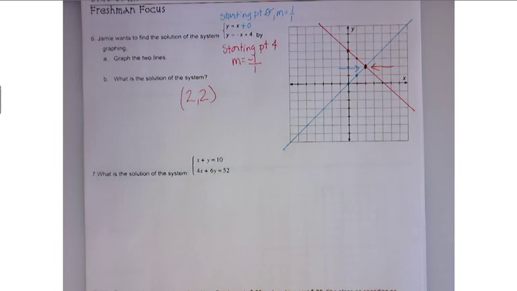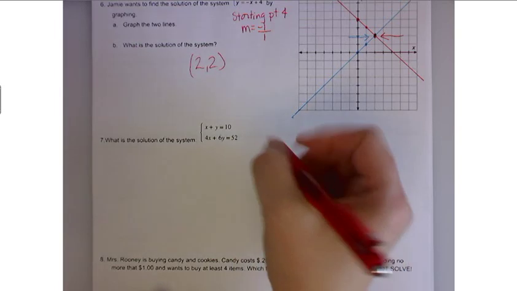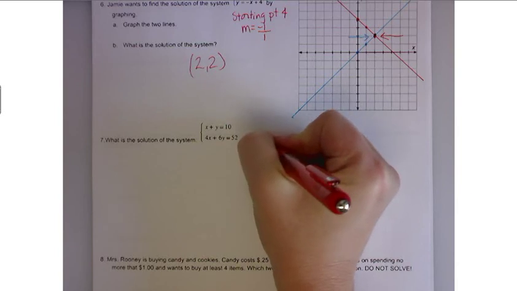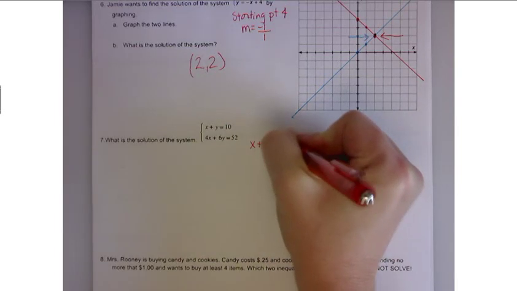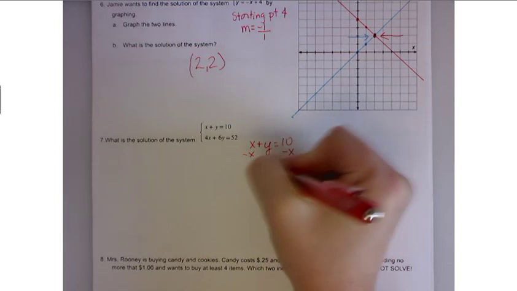Okay. Write the solution to the system x plus y equals 10, 4x plus 6y equals 52. I'm going to use substitution for this one because to me that makes the most sense. So I'm going to take this first equation, x plus y equals 10. I'm going to move that x over because I just like to be in that habit.